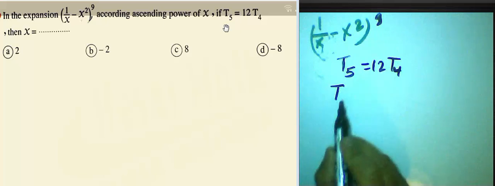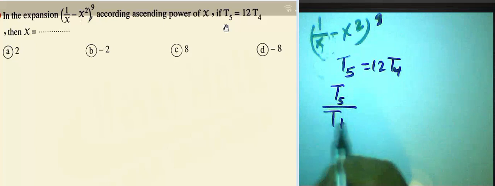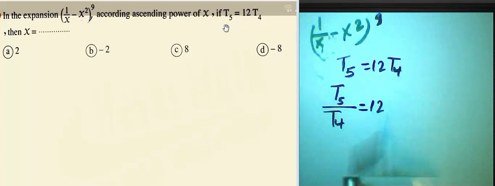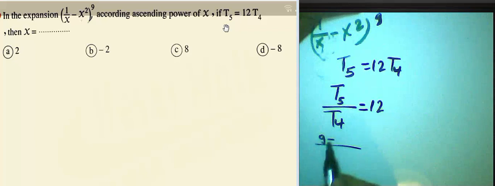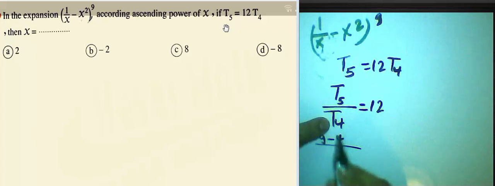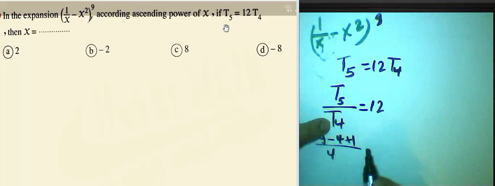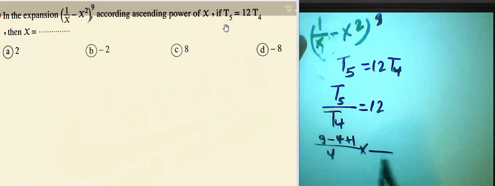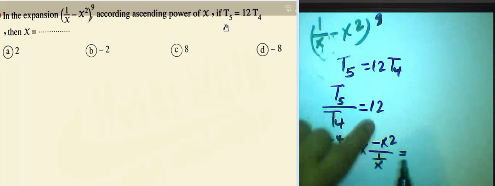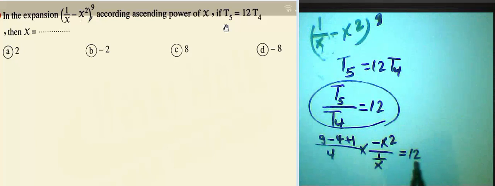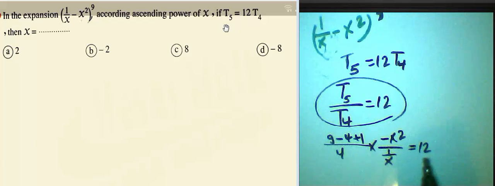We can find the ratio between term 5 and term 4; the result will be 12. We know the rule: 9 minus the smallest, plus 1, over the smallest term, multiplied by the second term over the first term, equals 12. Simplify: 9 minus 4 is 5, 5 plus 1 is 6, 6 over 4 multiplied by negative x power 3 equals 12. 12 times 4 is 48.